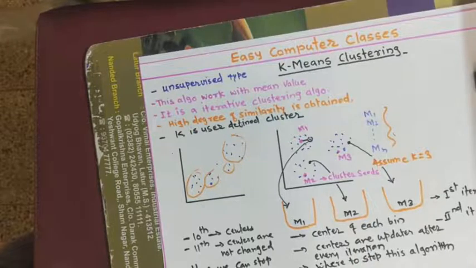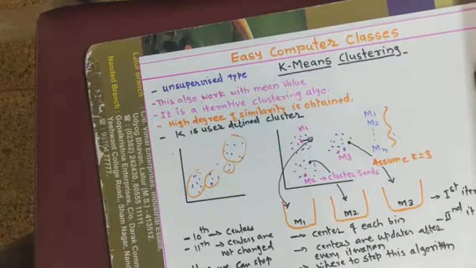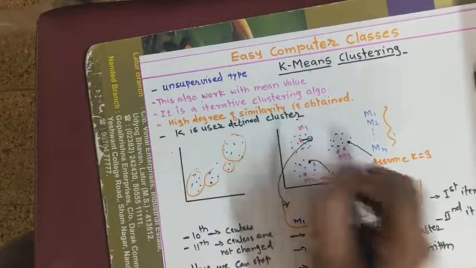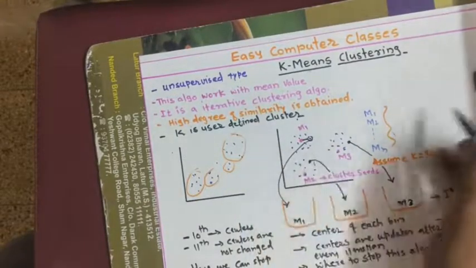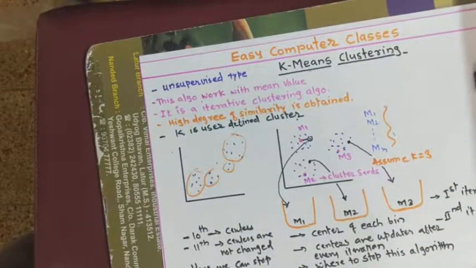This is called K-means clustering, which is a very nice algorithm, and definitely a high degree of similarity is obtained. The K value is defined by the user. K may be 3, 4 or 5, depending upon the user.